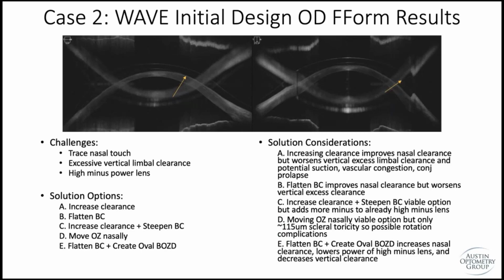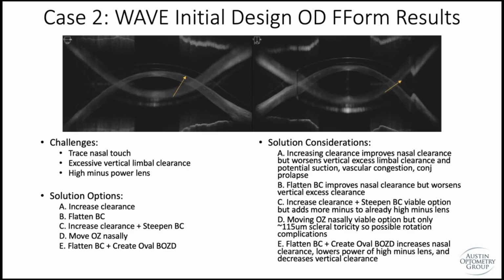So the challenge in this case is that we've got a little bit of nasal touch there, as you can see. The other challenge is that because this is a 200 micron toricity cornea, we've got this really excessive vertical limbal clearance, which again, on an eye that's already maybe a little bit thick, I don't want a ton of space in that area, because I don't want a ton of suction irritating that limbus.